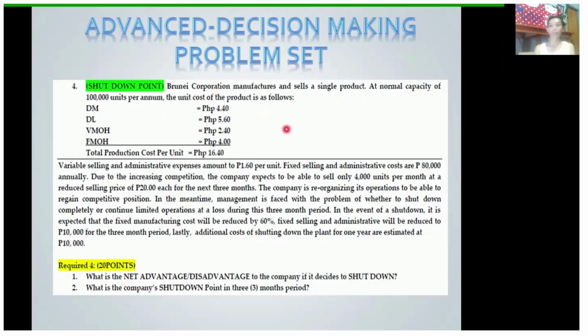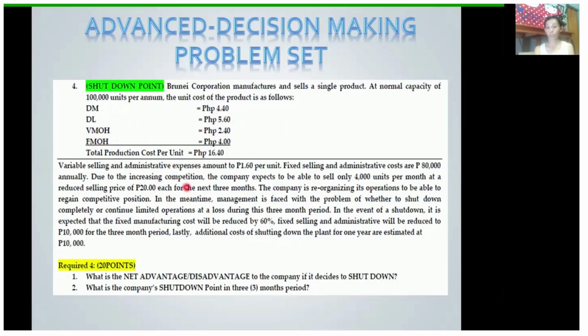So we can just assume, or perhaps we can just justify that this corporation is operating for Philippine market. We have direct labor, we have 5 pesos and 60 centavos, so per unit ni siya. Then we have variable manufacturing overhead, which is 2 pesos and 40 centavos, and we have fixed manufacturing overhead, we have 4 pesos. So a total production cost per unit of 16 pesos and 40 centavos.